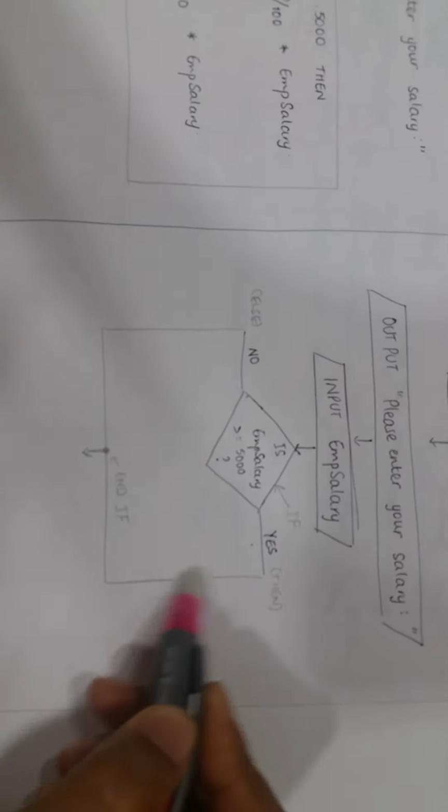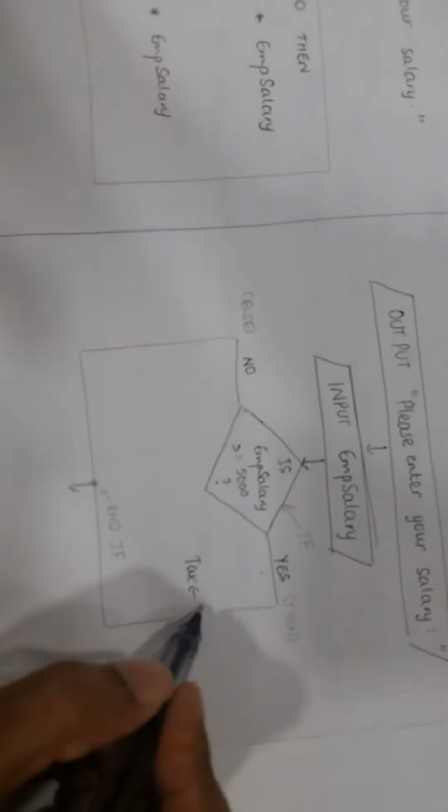So here I will remove this, and tax is 10 over 100 multiplied by EMP salary. Now this is a process.